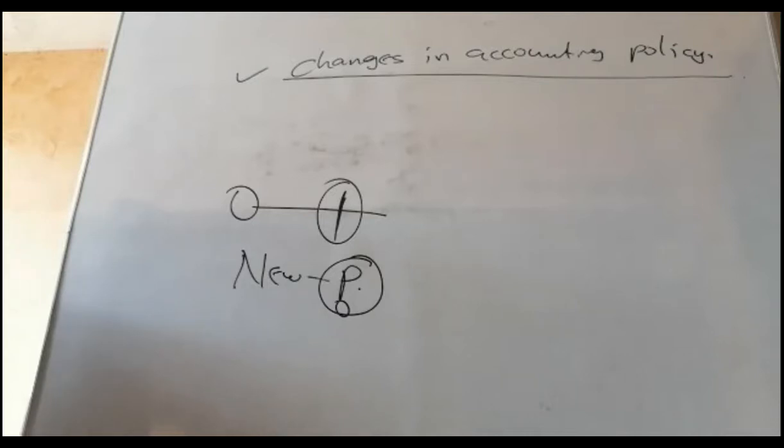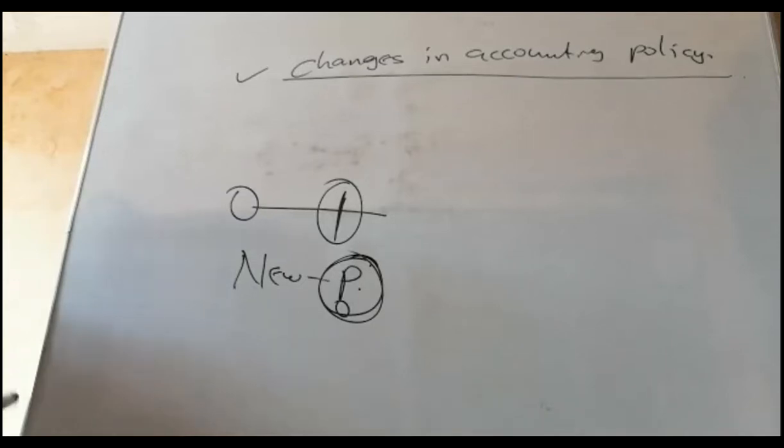Because previously they were immaterial, it means there was no transaction, so it's no change in accounting policy. We are done. Now let's go to the accounting treatment.